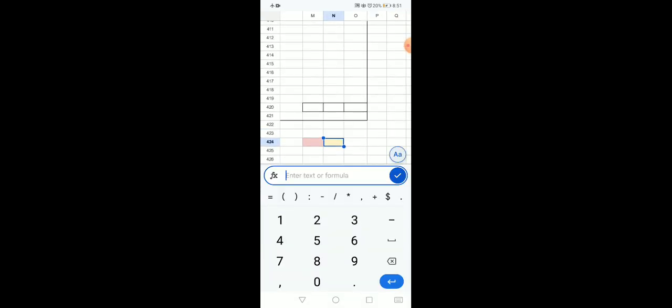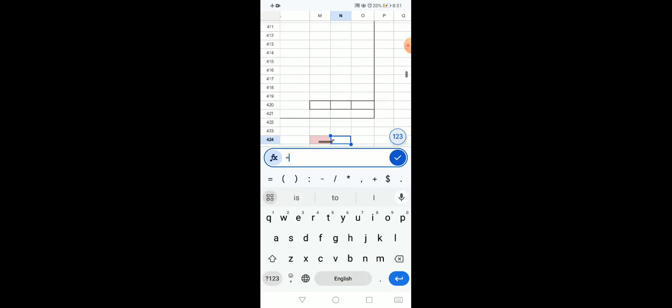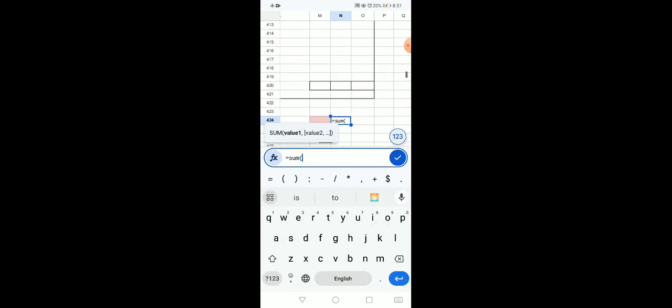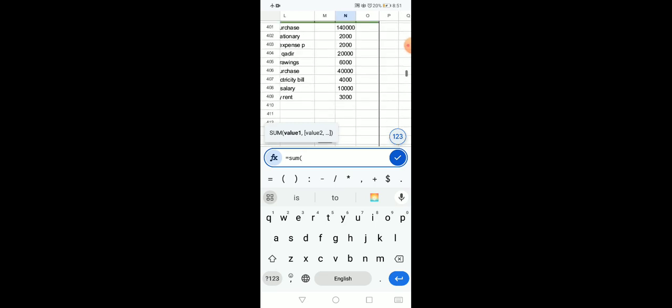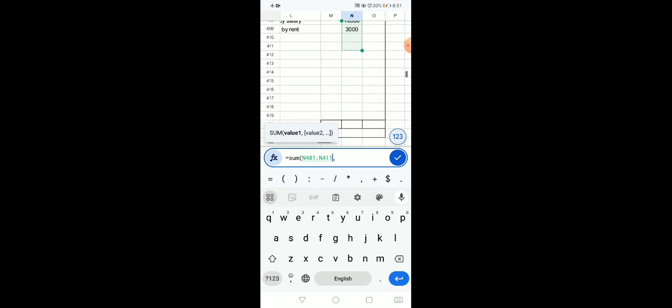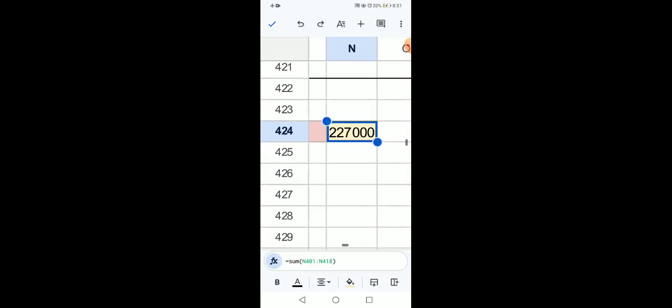Same procedure you will do for the credit side of the cash book. Here you have the credit side of the cash column, and these are the number of items present on the credit side. I will take help from Excel and ask Excel to sum all amounts present on the credit side, and within a short period I have got the total of the credit side.